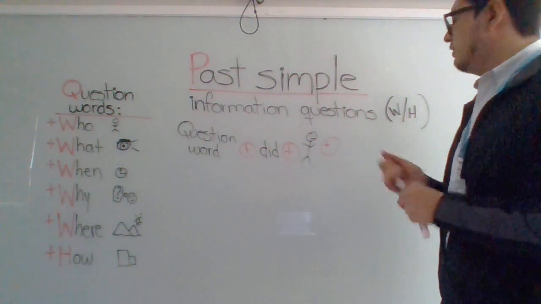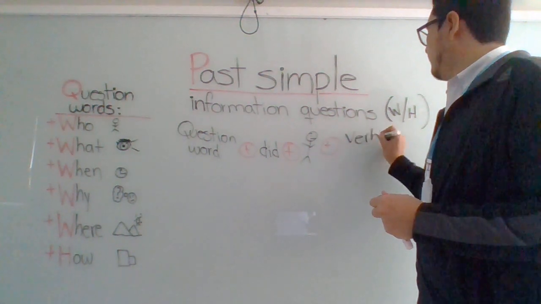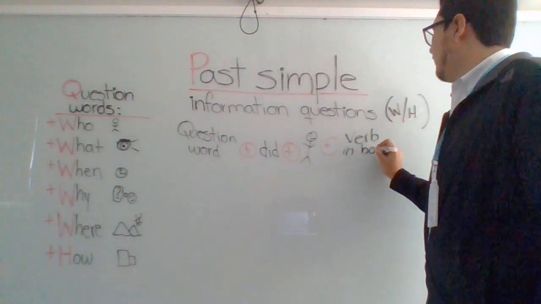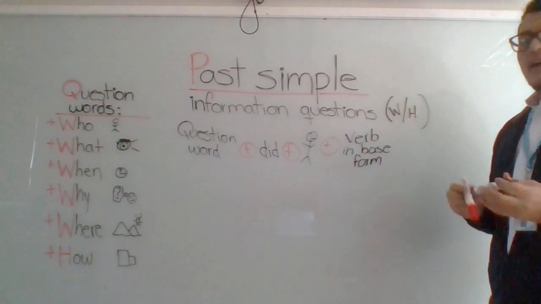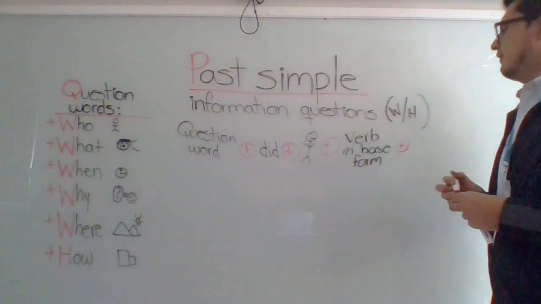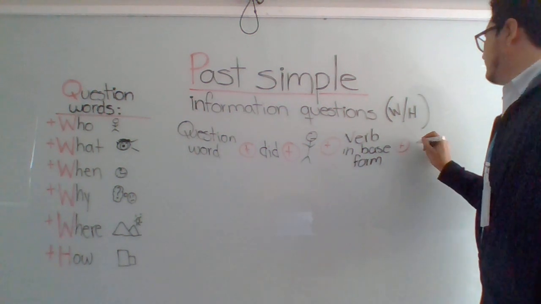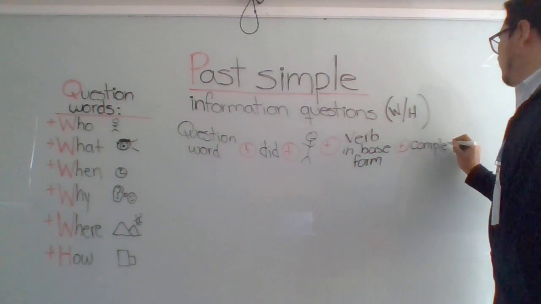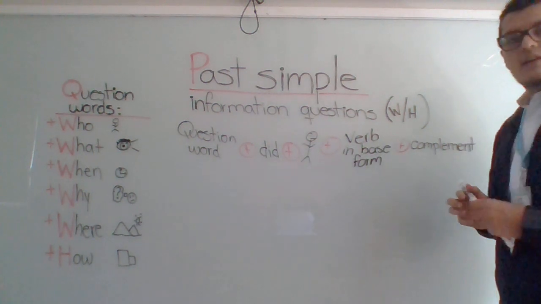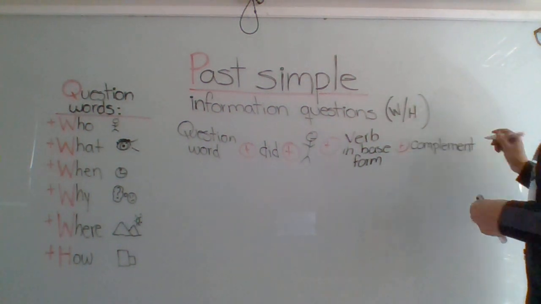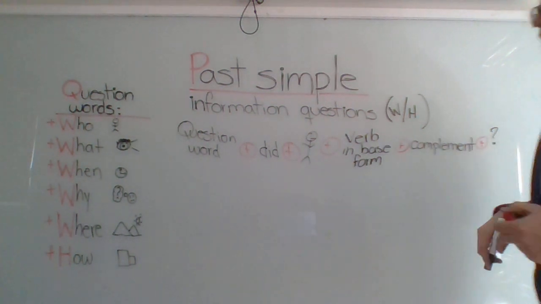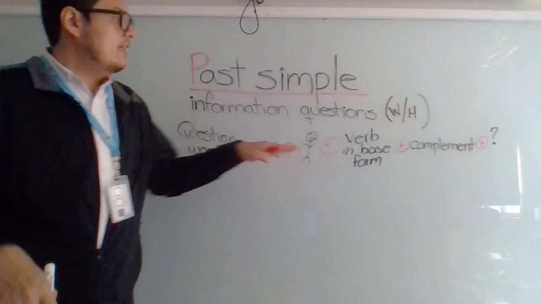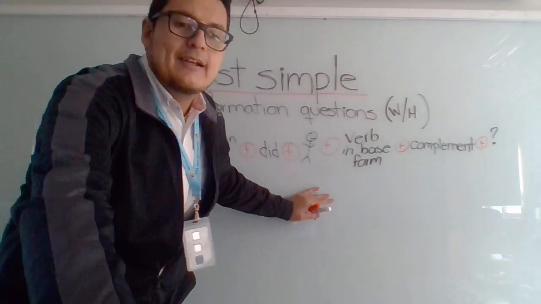Next, similar to the previous, the verb in base form, not in past, no, in base form. And finally, we have a complement. And after all of this, it is very important, the question mark. So we have all these steps, so let's practice making questions.